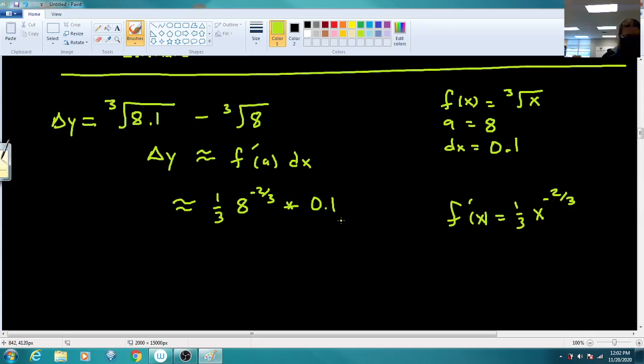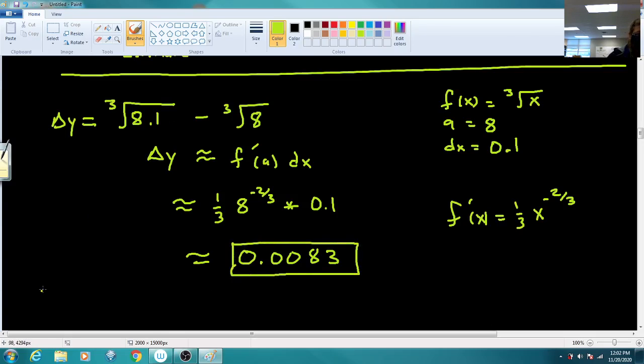So we'll put that in our calculator: what is 1/3 times 8 to the power of negative 2/3, all that times 0.1, which ends up giving us about 0.0083 as our approximation. So this right here is approximately how much bigger that is than that.